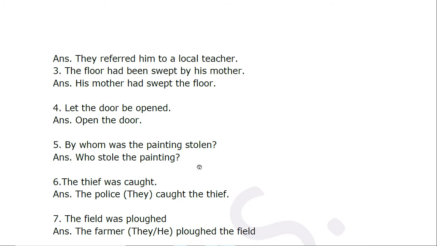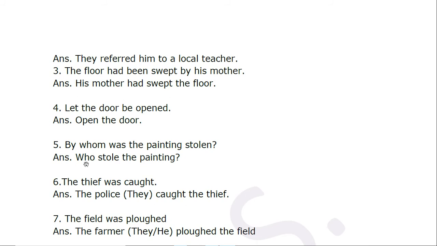By whom was the painting stolen? So remember this, I gave you all in the rules in the first of active voice. By whom was the painting stolen? So you have to make it into a question only. So who stole the paintings? Stole is your action and what is the subject? Who.